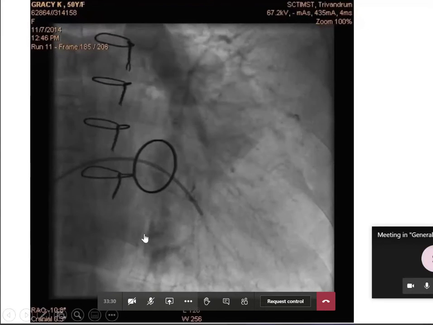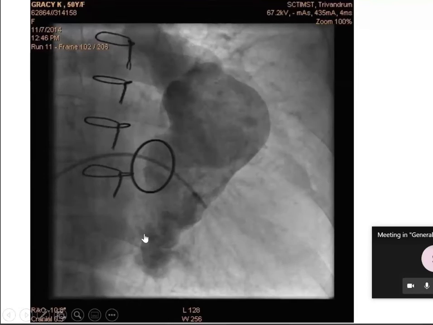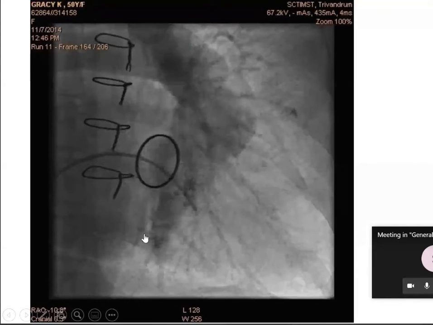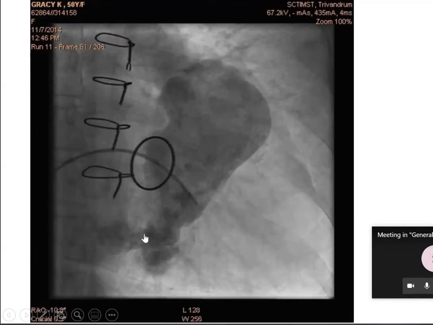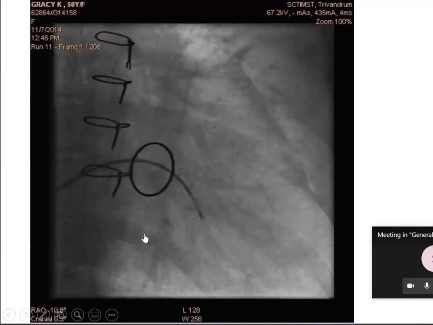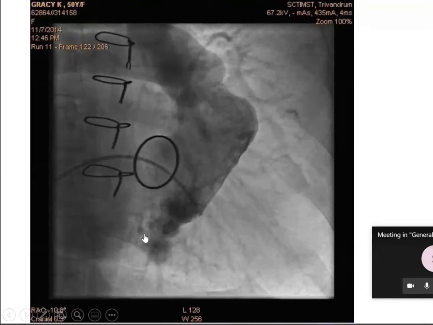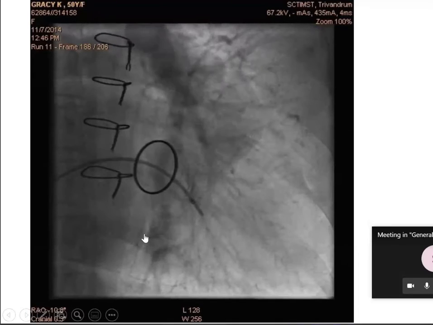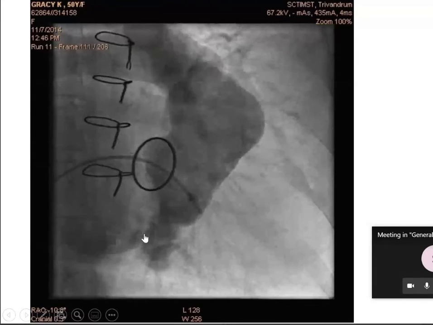Right ventricular EMF is usually associated with what other chamber involvement? Left ventricle, sir. So if the ring is in the left ventricle, what can it be?